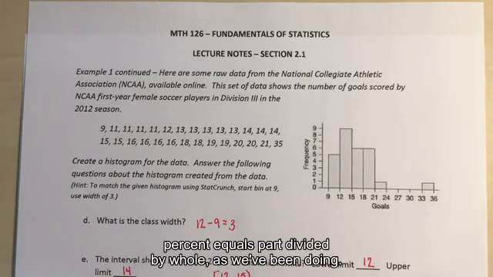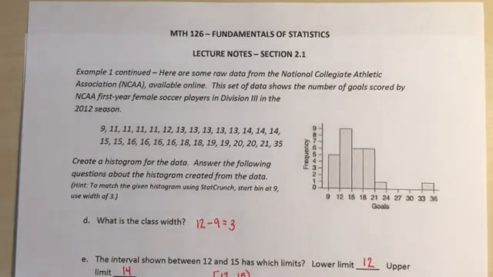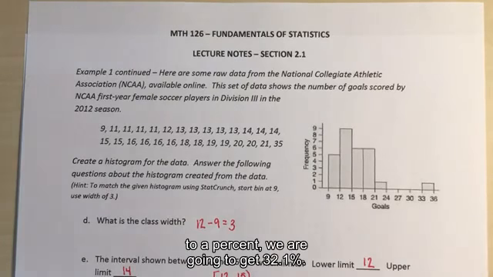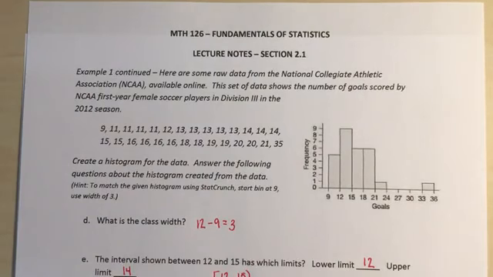Remember, percent equals part divided by whole, as we've been doing. 9 divided by 28 equals 0.3214, which if we round off to a percent, gives us 32.1%.